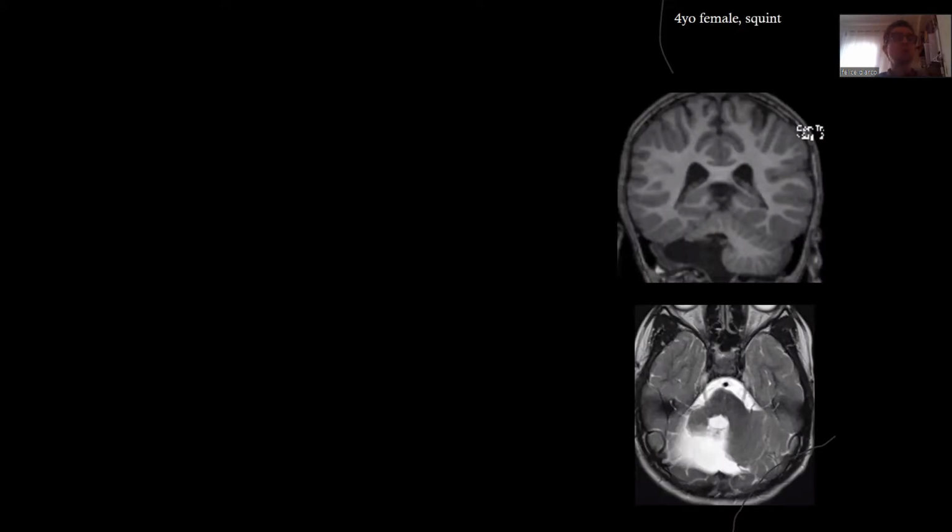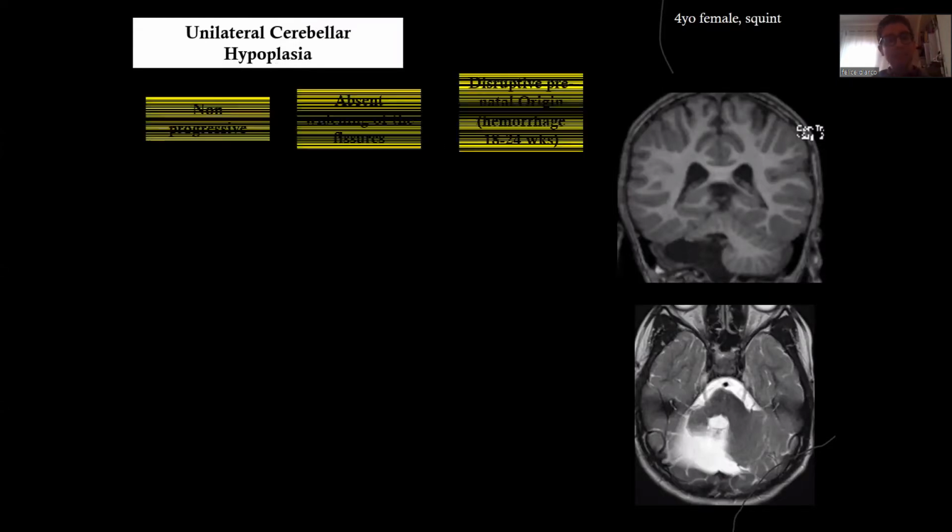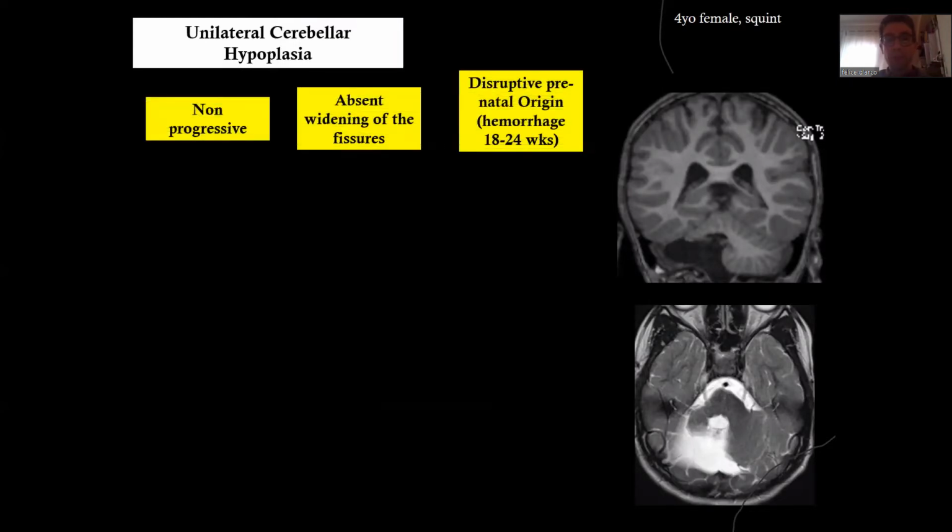This is a unilateral cerebellar hypoplasia, and what is very important is that most of the time you can give the clinician a diagnosis. It's non-progressive, and, this is the original Poretti definition of hypoplasia, the important thing is that in hypoplasia, differently from atrophy, the fissures are not wide.